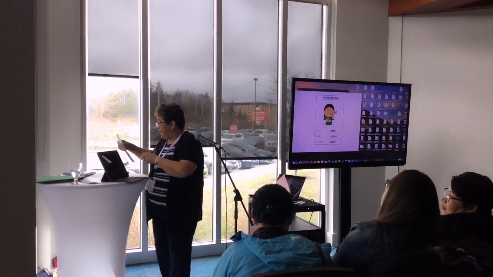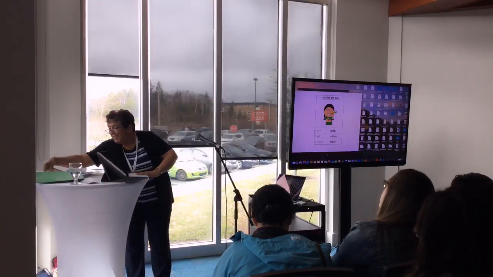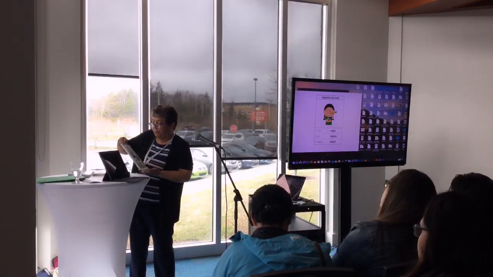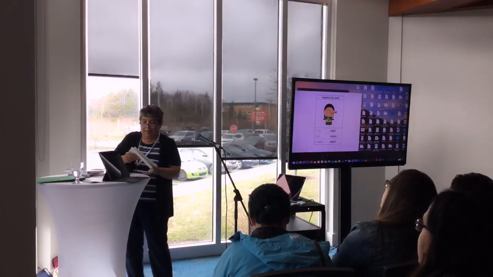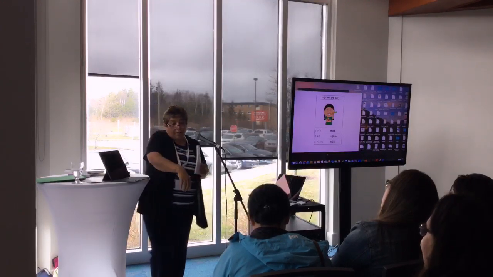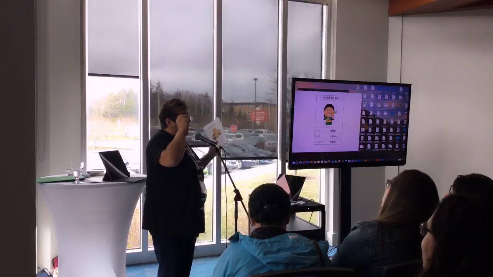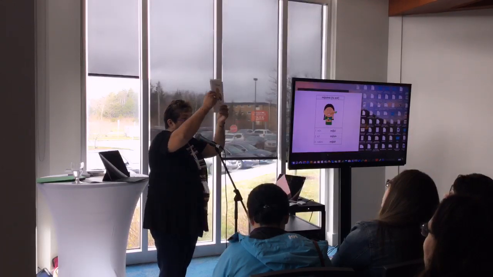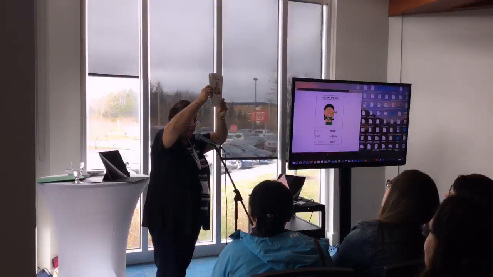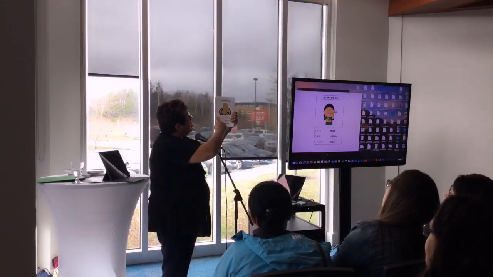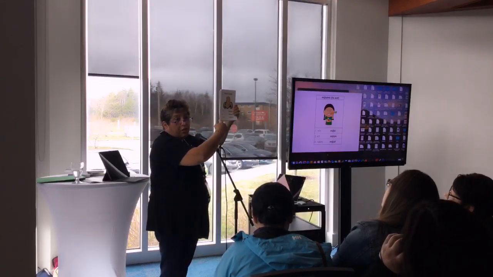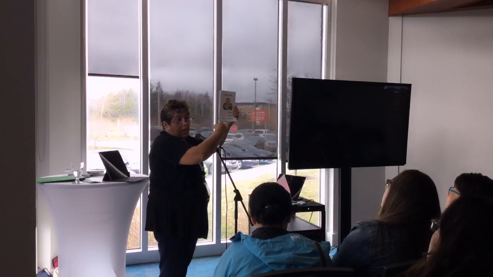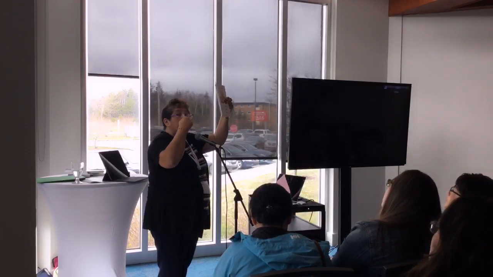But I have another set. These are the body parts. Again, you see the same structure.